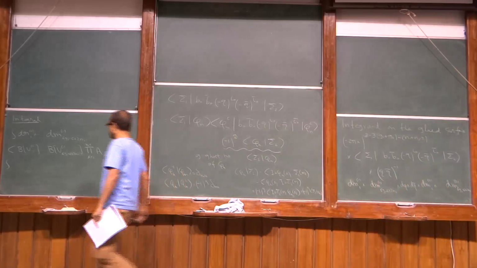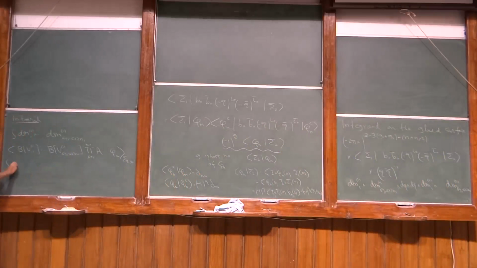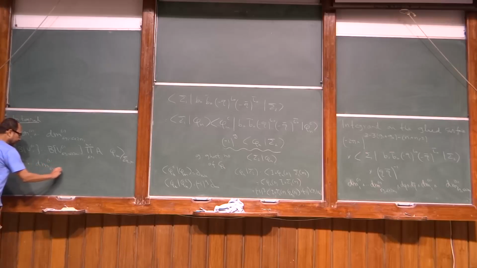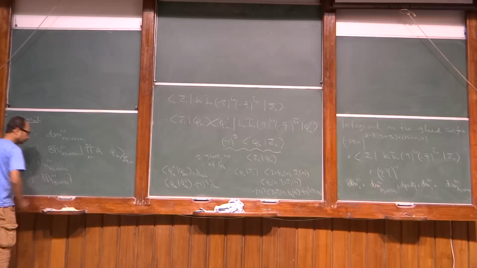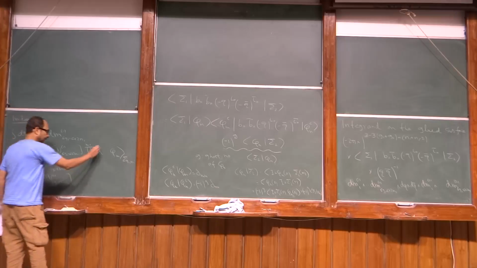So integral dm2 where it's dm2 to the 6g2 minus 6 plus 2n2, dv2, okay, this is v1.